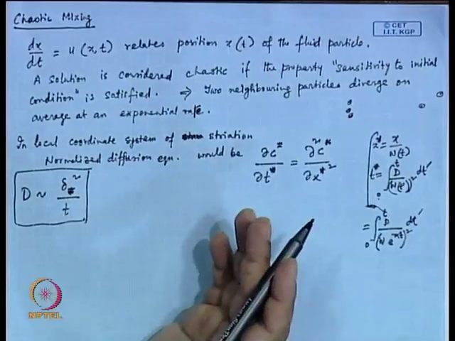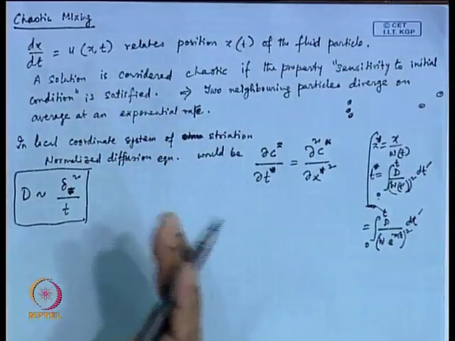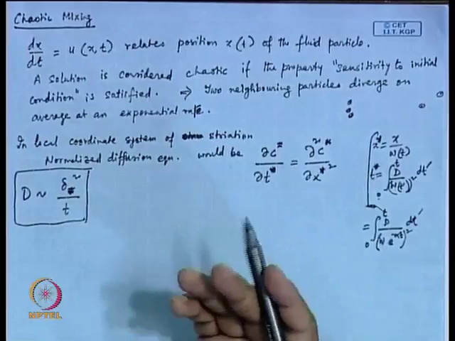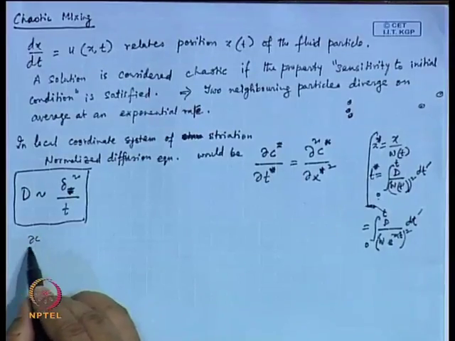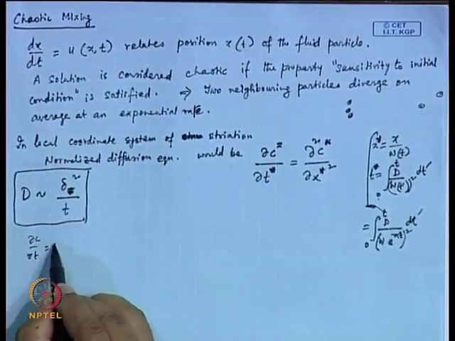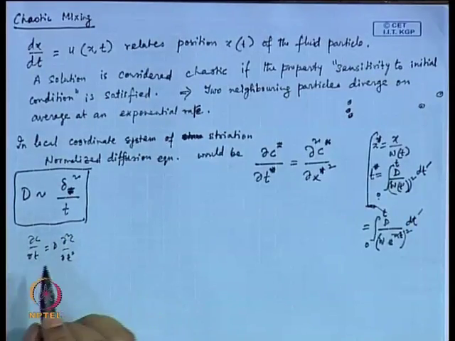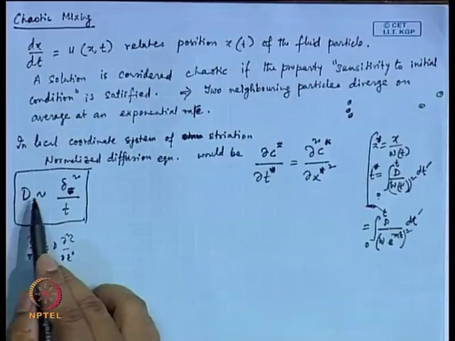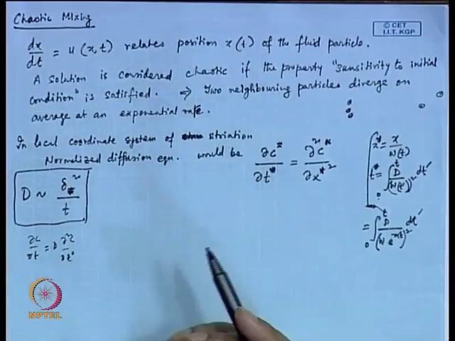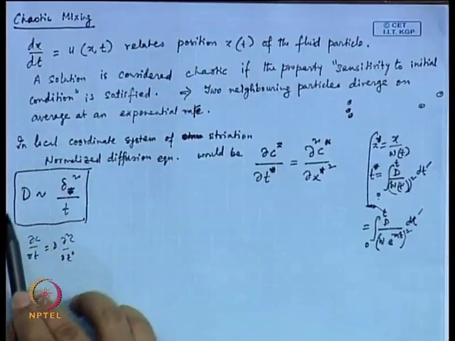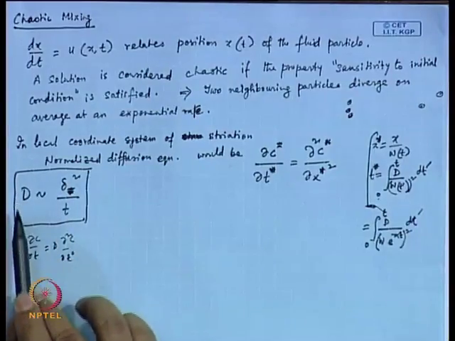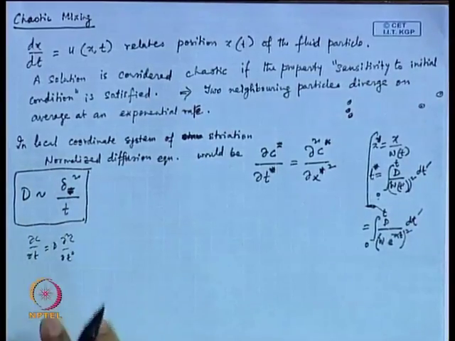Of course, the penetration itself has to follow the governing equation. Ideally, if you are really solving the diffusion problem, you need to solve del c del t is equal to D del square c del z square, and solve this. It is not that straightforward that you can write D is equal to the penetration square by time, but when it comes to scaling, this is the form that is followed.